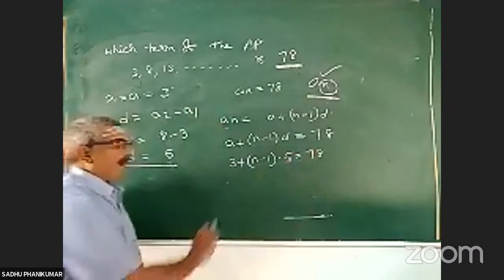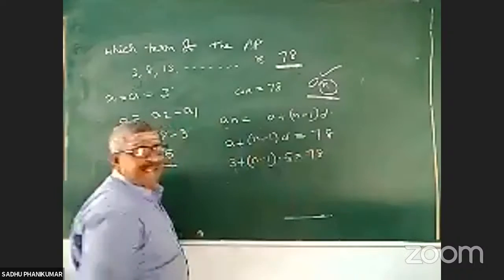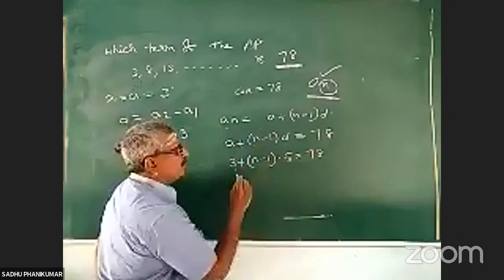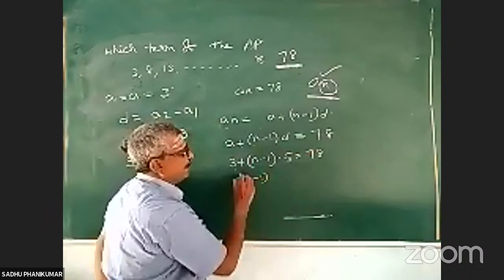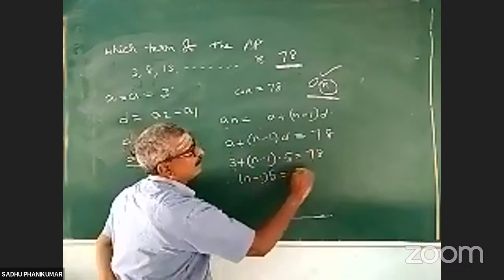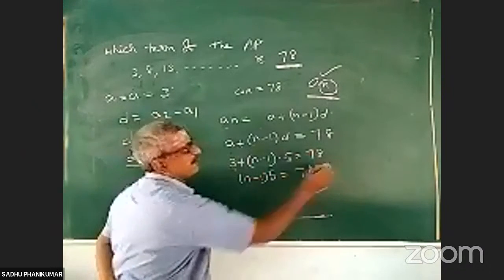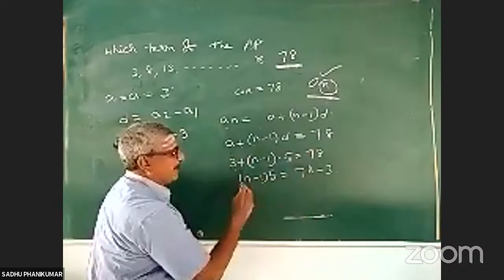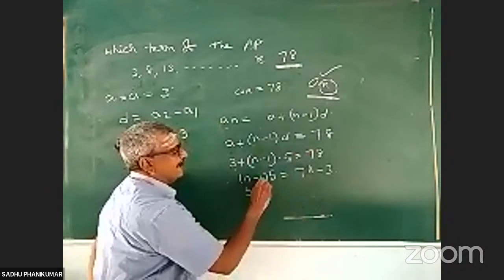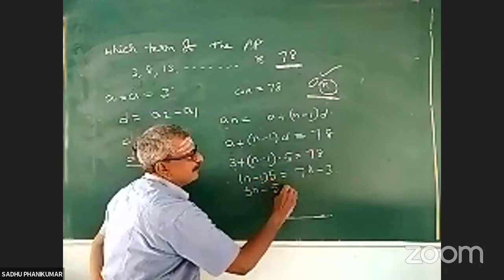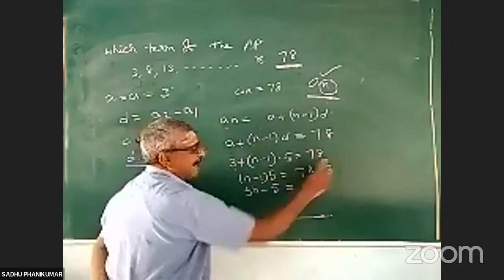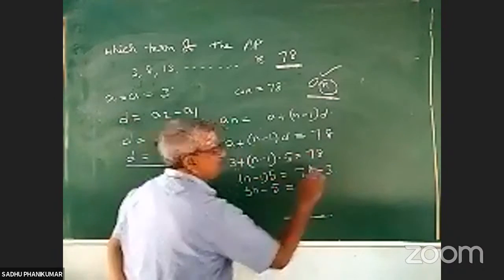Okay. Now take the 3 to the other side, that will be minus. So N minus 1 into 5 is equal to 78 minus 3. So 5N minus 1 into 5, that is 5, is equal to 78 minus 3, which is 75.